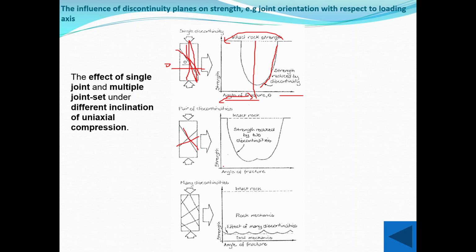With a little increase in angle, the strength is reduced. This is 0 degrees, and 45 is somewhere here. So even at maybe 20 degrees, the strength is already reduced. If we have multiple discontinuities, the strength is reduced significantly.